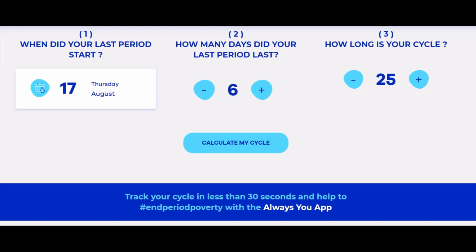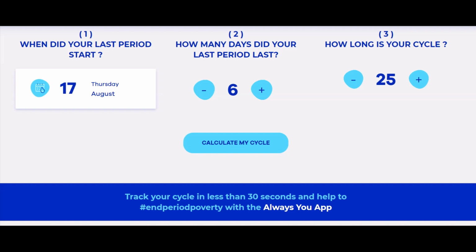So the cycle that we're being asked for here is the menstrual cycle. The menstrual cycle is the period from the first day of the last normal menstrual flow to the day before the next normal menstrual flow, as we would see.